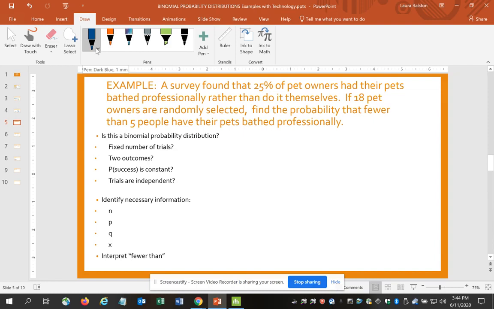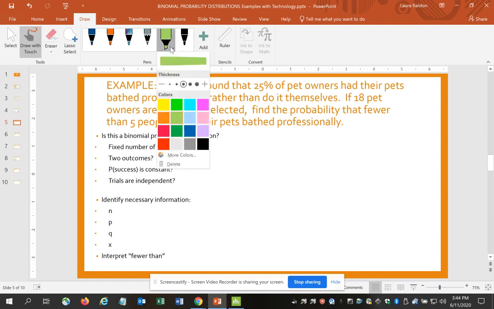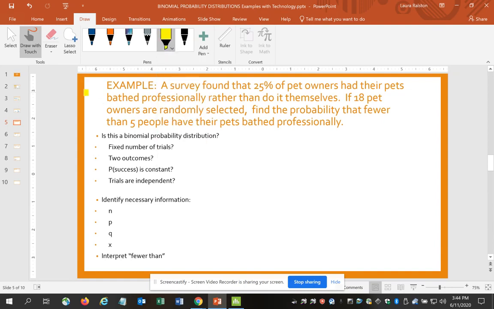Again, you got to think through and think about, do we actually have a binomial distribution? So we ask ourselves, do we have a fixed number of trials? And we do, because it says we're going to randomly select 18 pet owners. So I do have a fixed number of trials here.